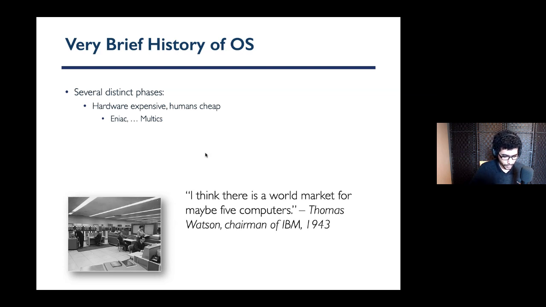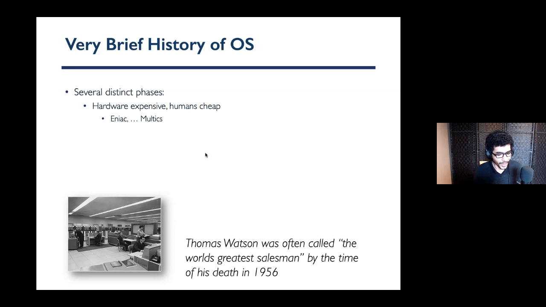This is a very famous quote from Thomas Watson, the chief of IBM, who said, I think there is a world market for maybe 5 computers, in 1943. That's an interesting thing, because he's often called the world's greatest salesman. He actually sold, I don't exactly know, but he sold 5, 6 of them already.